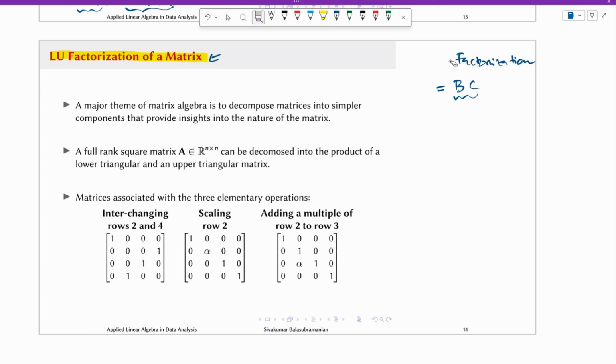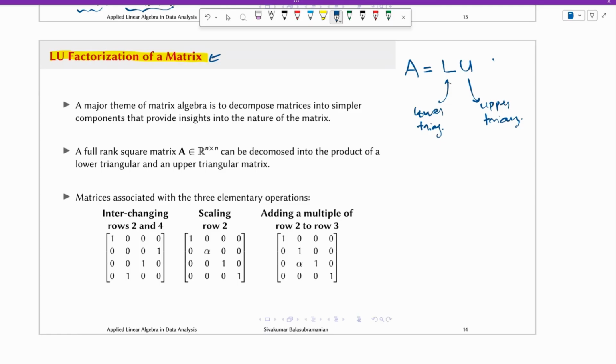So in the LU factorization, we essentially want to express a matrix A as a product of two matrices, L and U. The reason for the choice of the letters L and U is that L is a lower triangular matrix and U is an upper triangular matrix.